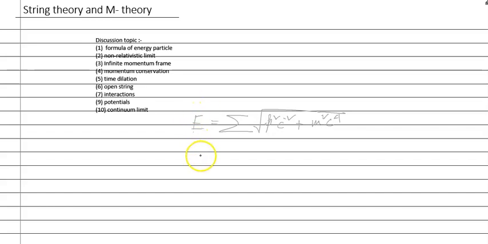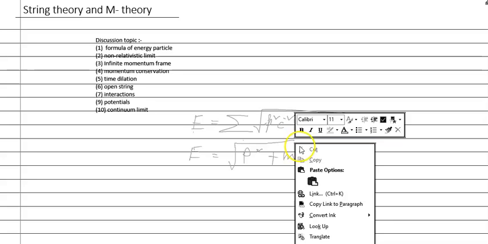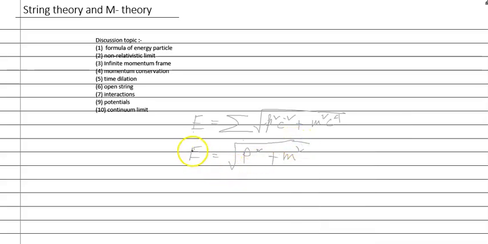So E equals the square root of p squared plus m squared, which equals the square root of p_x squared plus p_y squared plus p_z squared plus m squared.